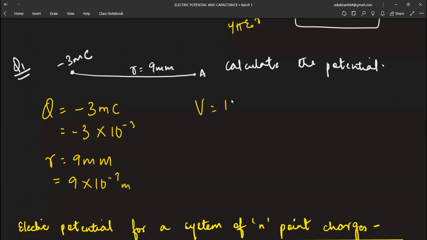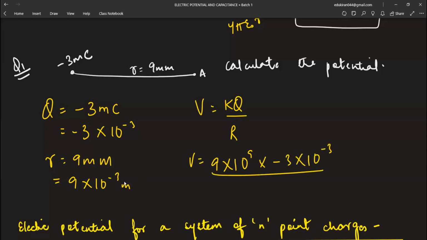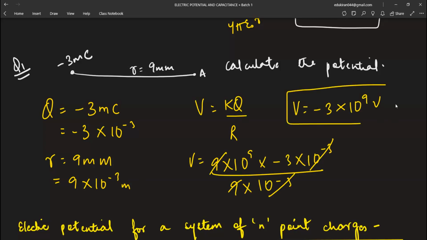So potential is kq by r. Potential is equal to 9 into 10 to the power 9, charge is minus 3 into 10 to the power minus 3, radius is 9 into 10 to the power minus 3. The 9 got cancelled, the 10 to the power minus 3 got cancelled. So potential is equal to minus 3 into 10 to the power 9 volts.